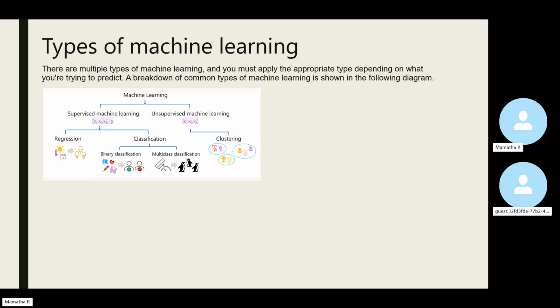We have supervised machine learning and unsupervised machine learning. Under supervised, we have regression and classification. Here we have binary and multiple. And when we go with unsupervised, we have clustering.